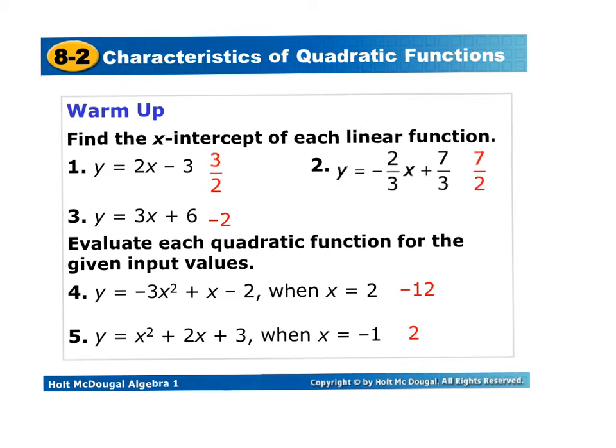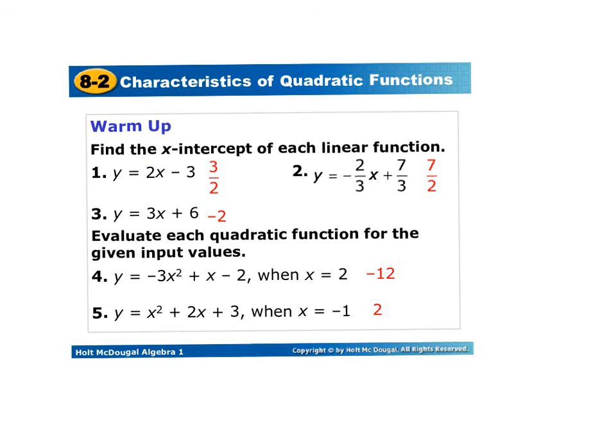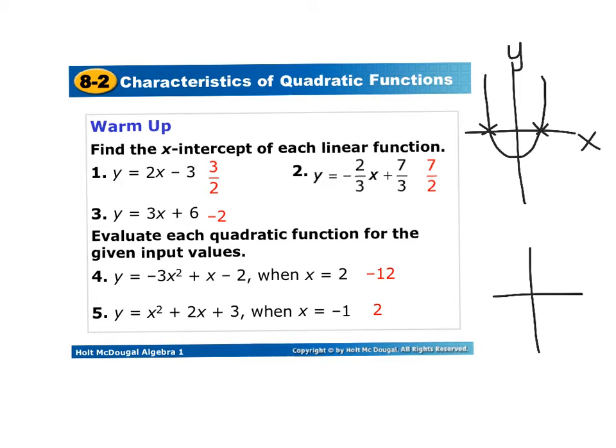Now, in today's lesson, we're going to find the x-intercepts by just looking at the graph. And remember, on your coordinate plane, the x-axis is this way. This is x. This is y. So we're going to be looking to see where our graph intercepts the x-axis. Sometimes it won't hit it. For example, if your parabola was up above, then it wouldn't have any x-intercepts.